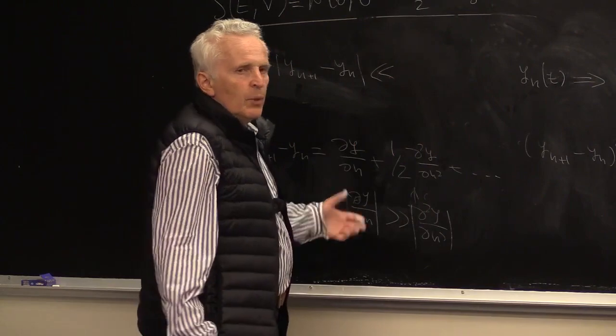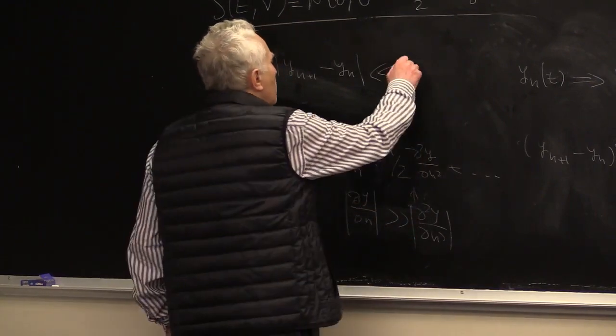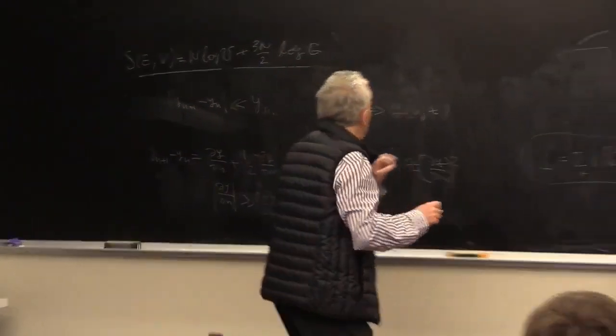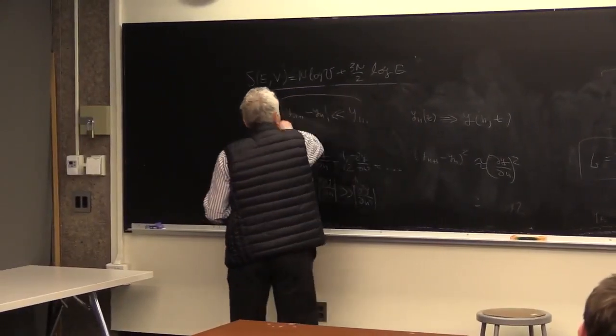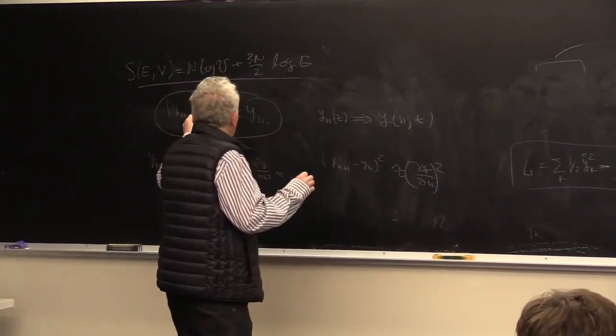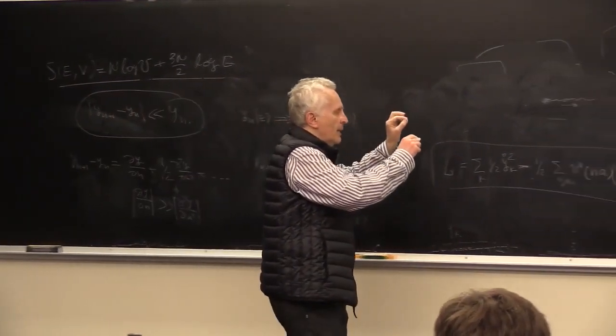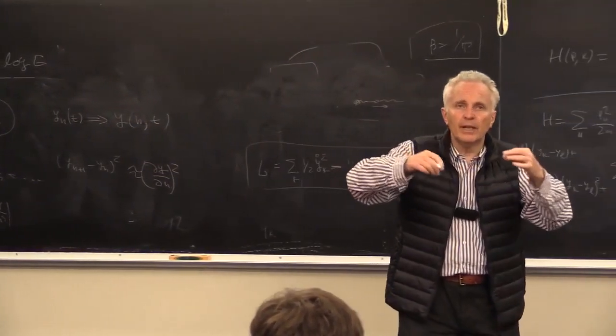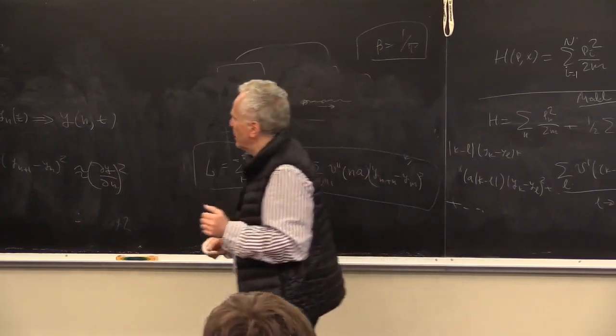It's much smaller than what? It's much smaller actually than y_n itself. That's the good condition, which tells you that the value of y changes from site to site, but it changes very little, very slowly.